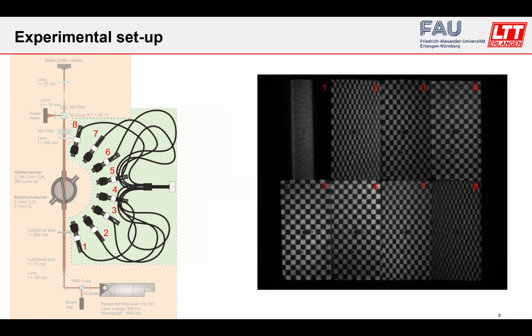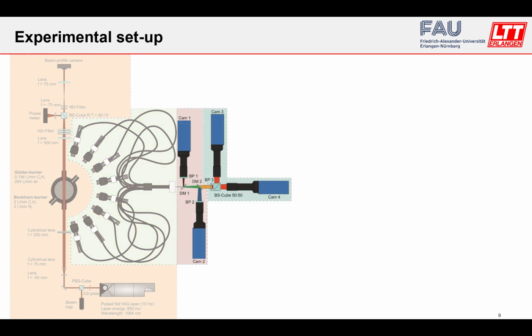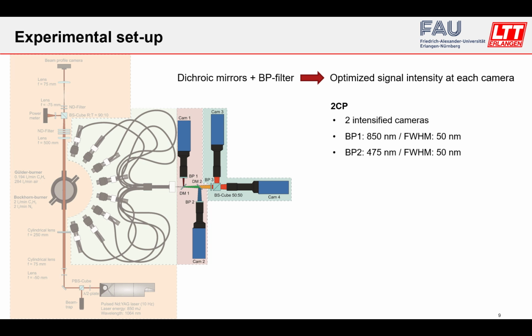Now to our last part, the acquisition. We need 4 intensified cameras to measure all of our 3 quantities of interest at the same time. As intensity is crucial, we used a combination of dichroic mirrors and bandpass filters to get an optimized signal intensity at each camera. The first 2 cameras are for the measurement of 2-color pyrometry, so the measurement of the temperature.